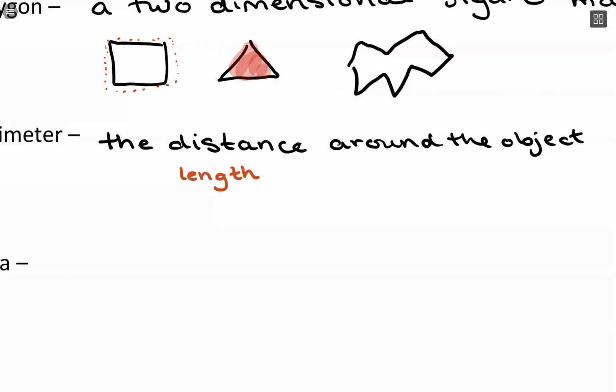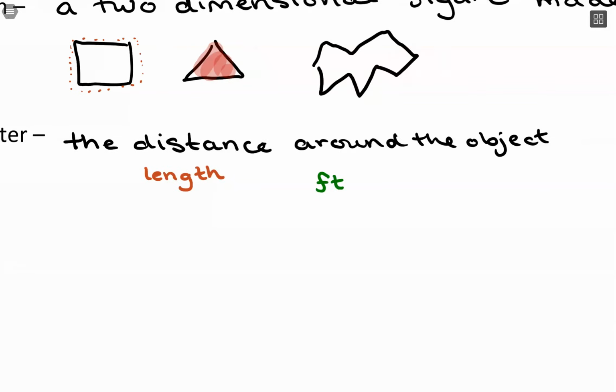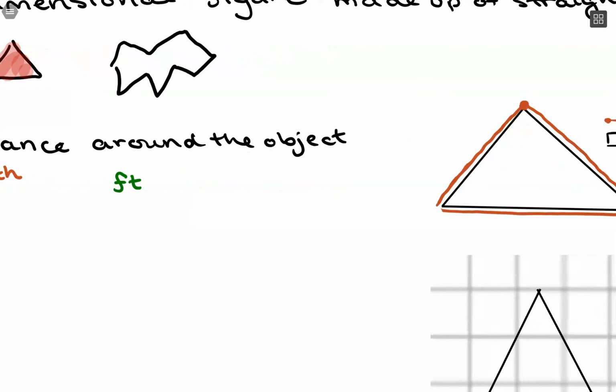The idea that this could be a string laid down and we just take a ruler to it, it's like we'd measure something in inches or feet or centimeters or whatever we're using. The units you'll be seeing for perimeter, you'll just copy whatever measurements are along the outside. If this was in feet, then your overall perimeter would also be in feet. If it was in inches, you'd have inches, maybe centimeters, meters, but basically whatever distance you see along the outside, the units will stay the same as the perimeter.